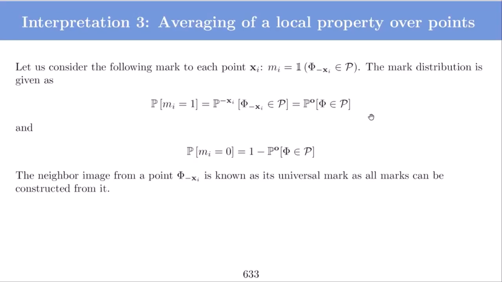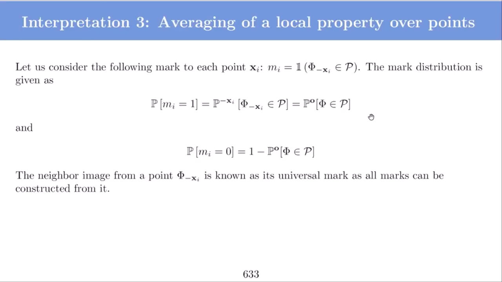And probability that Mi equal to 0 is just 1 minus that. Okay, so this neighbor image from a point is known as the universal mark, as all marks can be constructed from that, right? So if you consider this phi minus x as the view, as the mark itself in the extended notation case, then every mark you can think of can be constructed from this view, right?